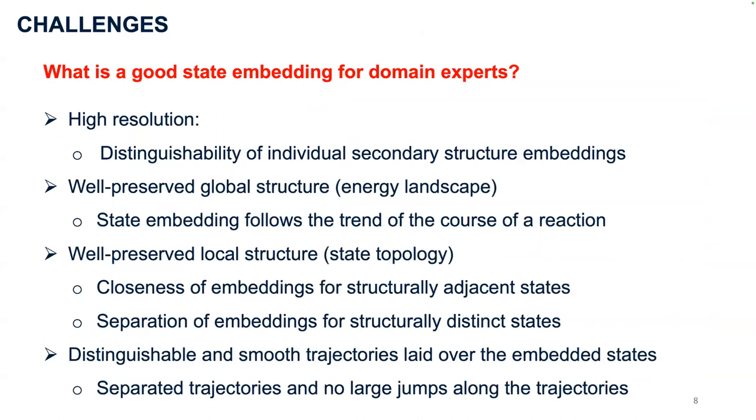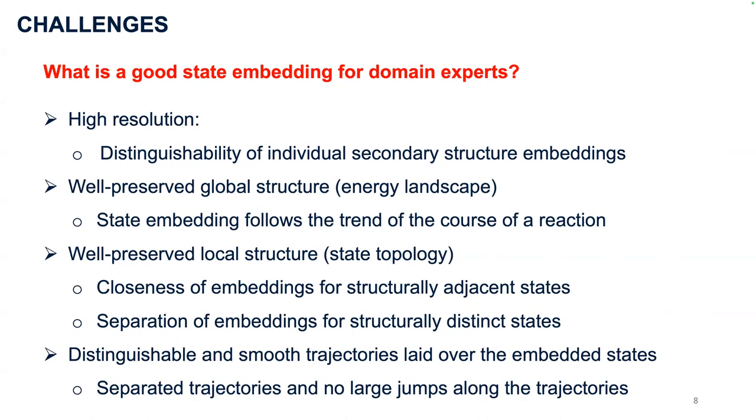So now we should ask, what is a good visualization, or what is a good embedding for domain experts? We argue that a good embedding should have a good resolution for individual secondary structures. And also we argue that a good embedding should preserve global structure, which means the state embedding should follow the trend of the course of a reaction.